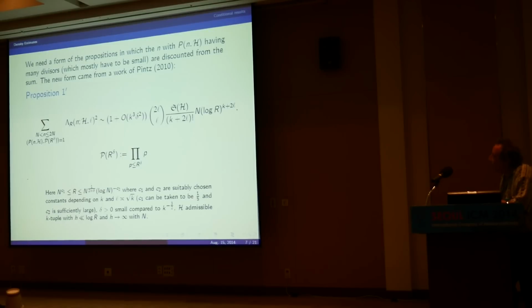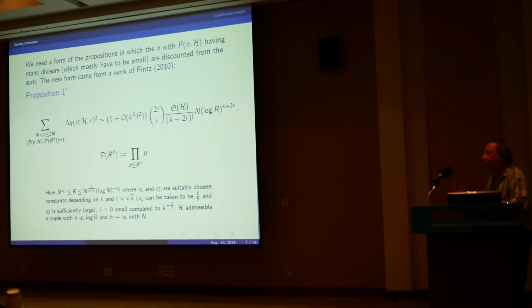So the idea is from a work of Pintz, continuing the work of Green and Tao. Here you get the same sort of sums as we did before, but you do not count those n's for which P and H has small prime factors. You see, this is just the product of all primes up to r to the delta.